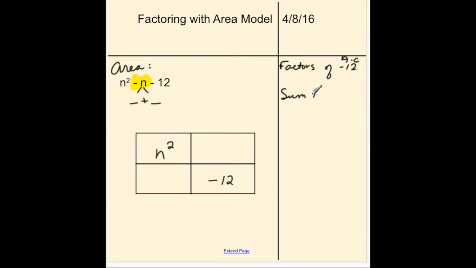And I need them to sum to the b term here, which is negative 1. So I need 2 factors, 2 things that multiply together to give me negative 12, but that add to negative 1.